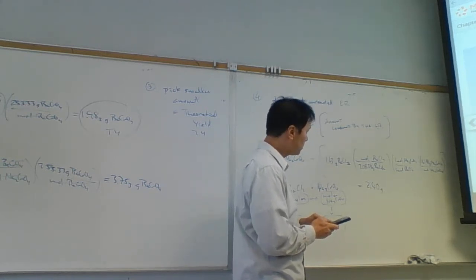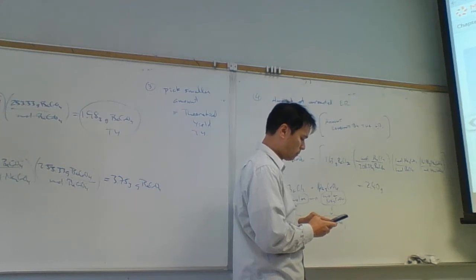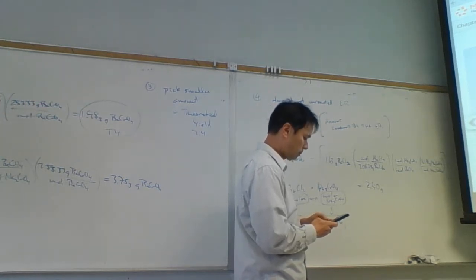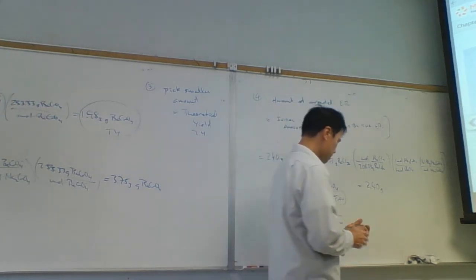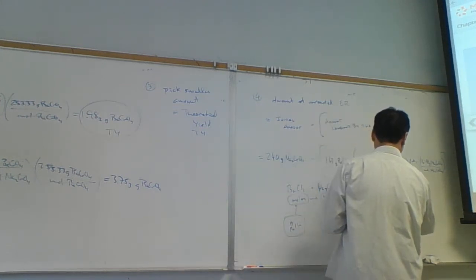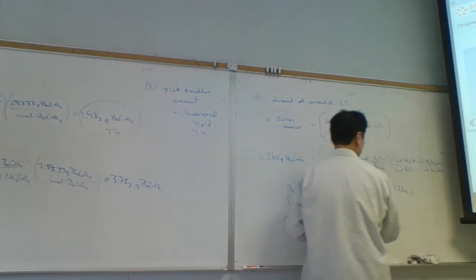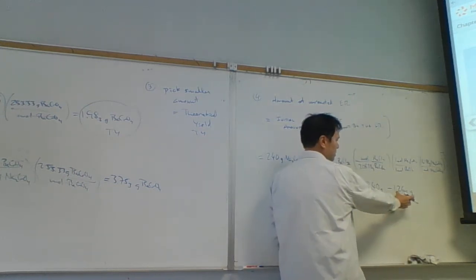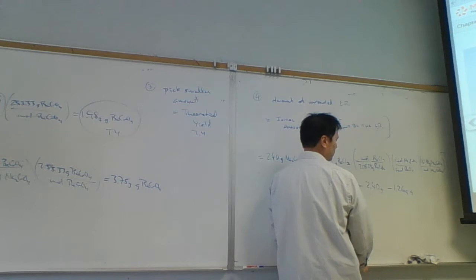208.23 times 161.98. 1.269 minus 1.269 grams. Okay, so this is the initial amount, this is the amount consumed by the limiting reactant.